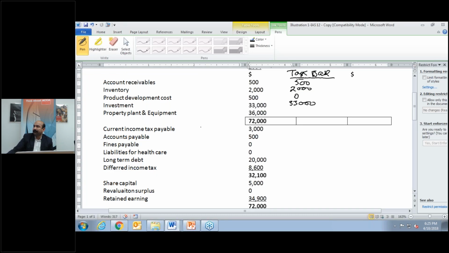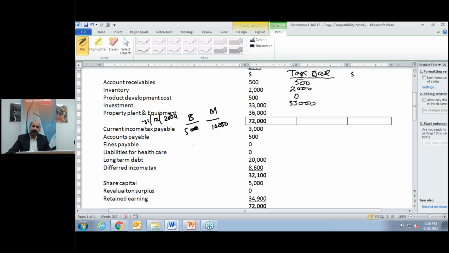Then property, plant and equipment information is given. For property, plant and equipment, this 36,000 is the carrying amount. We need to calculate its tax base. Information is in front of you. Building cost is 50,000, and then there is a motor vehicle. On the date of this balance sheet, 2004, building cost is 50,000, and motor vehicle cost is 10,000.